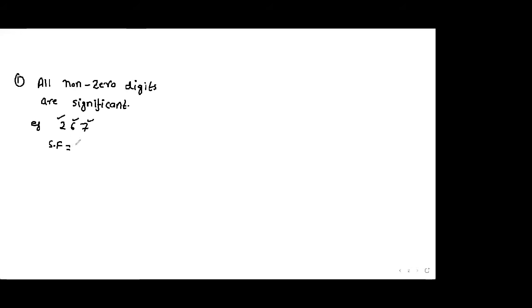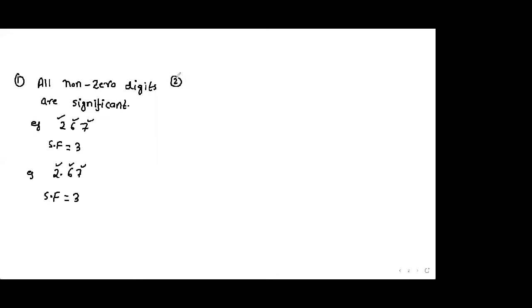You have three digits, that means three significant figures. The number of significant figures doesn't depend upon the decimal. Like instead of 267, even if you have 2.67, the significant figures are 1, 2, 3. You have three significant figures. So all non-zero digits are significant.